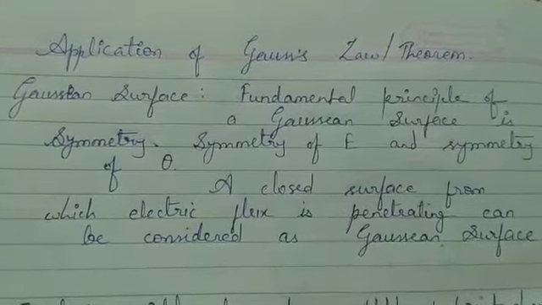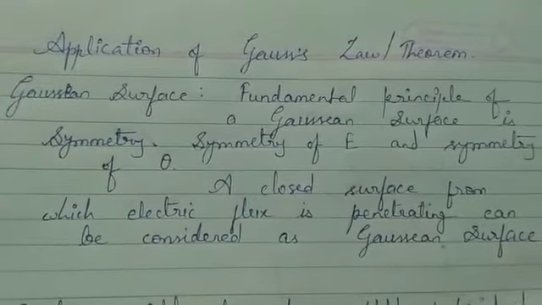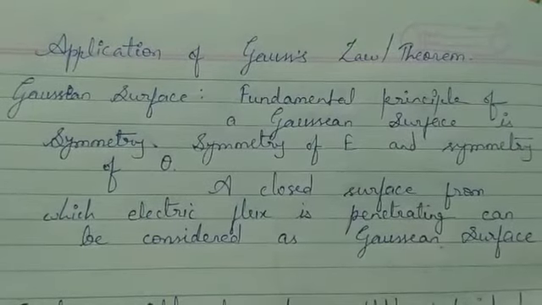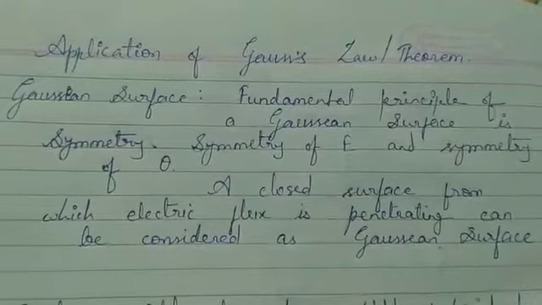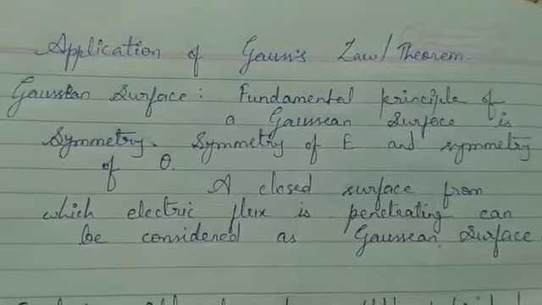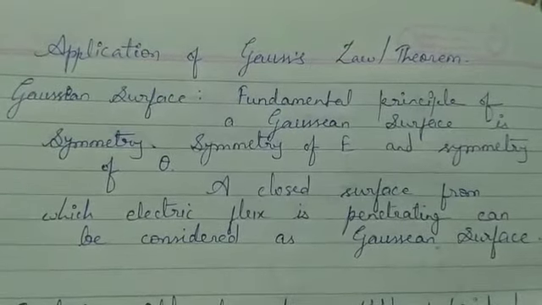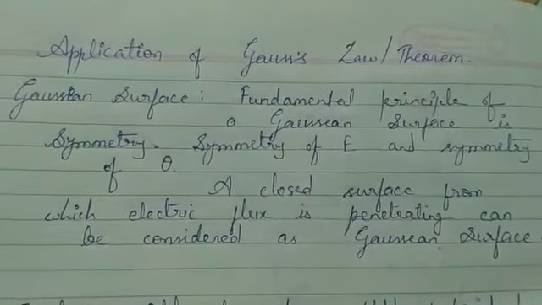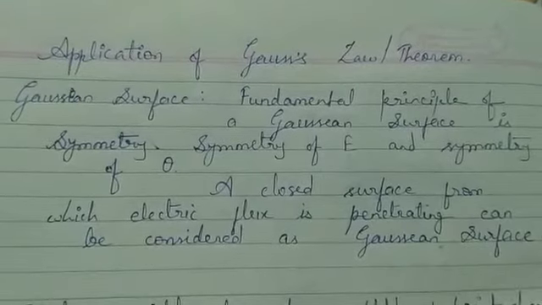Or we can simply say a closed surface through which electric flux is penetrating can be considered a Gaussian surface, and on that surface there is symmetry of E and theta. So everything about the Gaussian surface is clear.